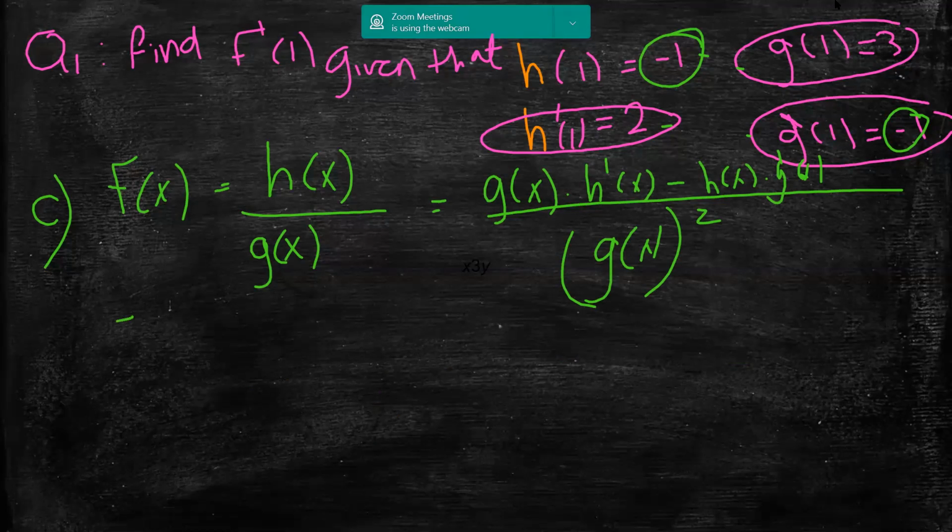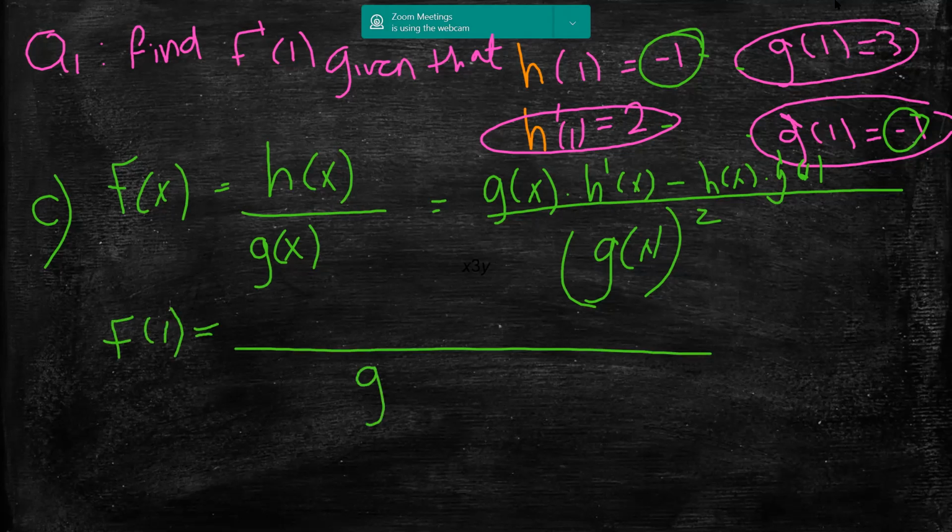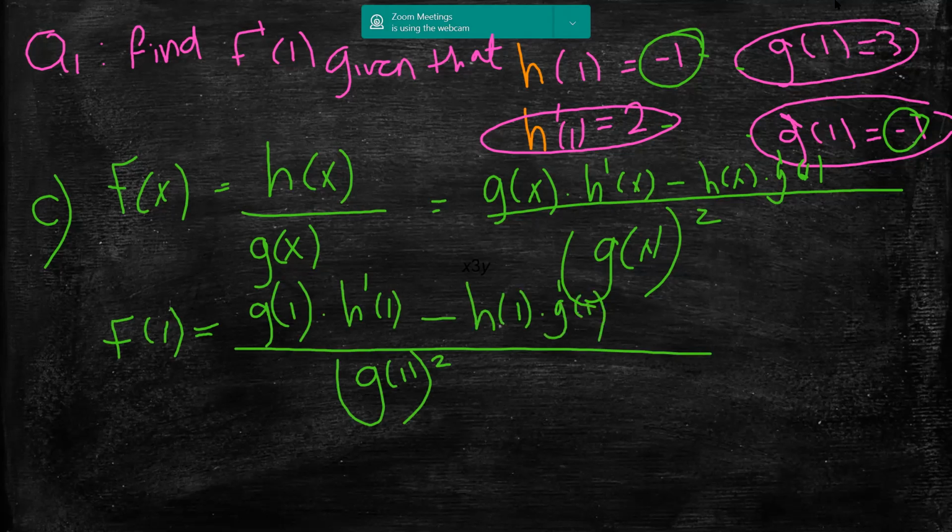Since now I need to find f prime of 1, I will say it is g of 1 squared, g of 1 times h prime of 1 minus h of 1 times g prime of 1. Then I will evaluate. G of 1 is 3. H prime of 1 is 2.